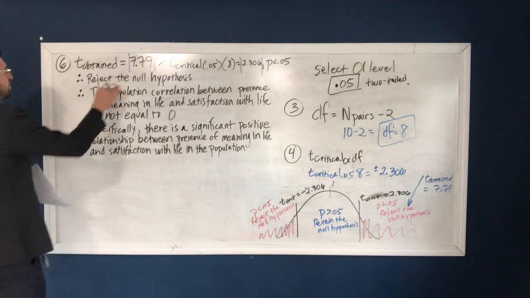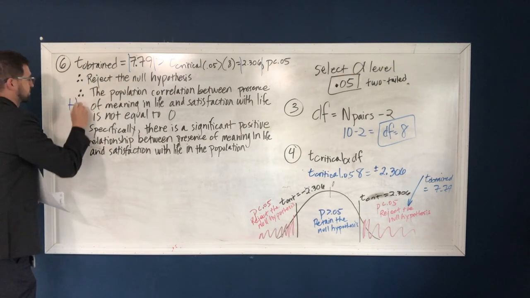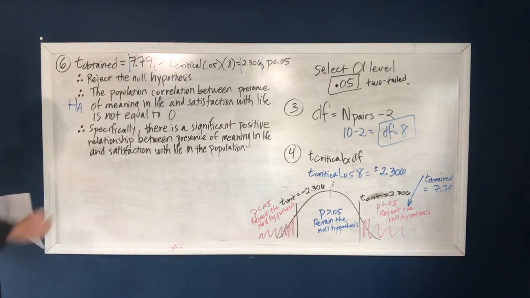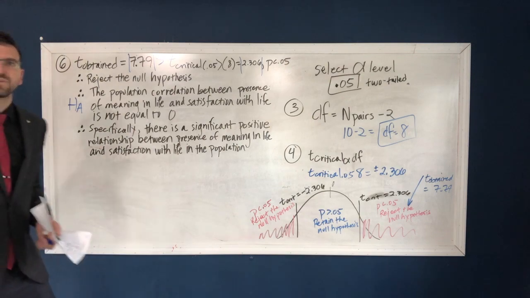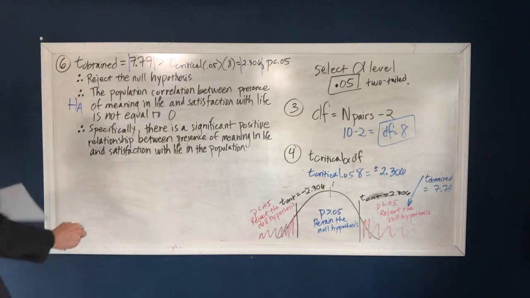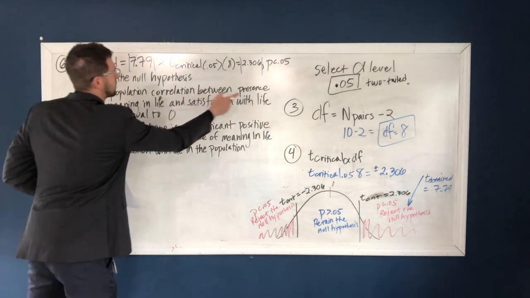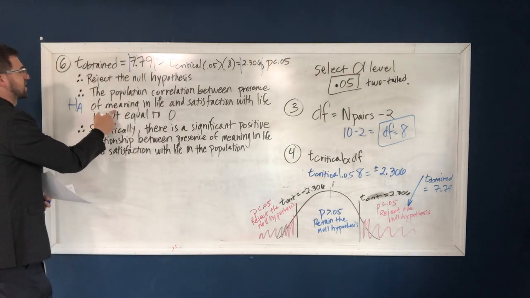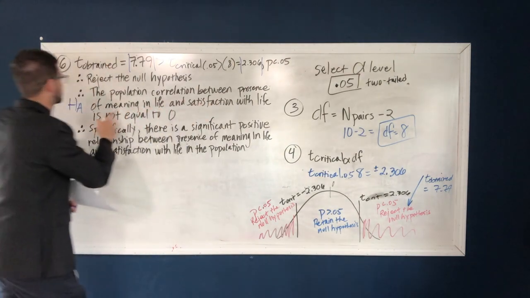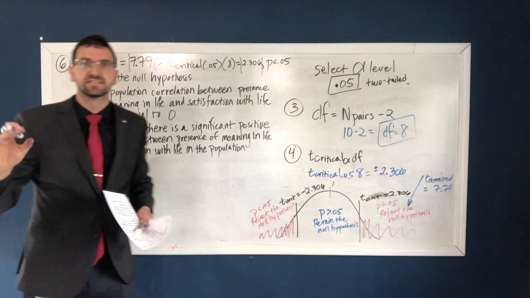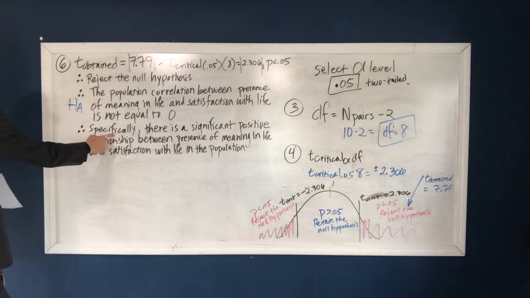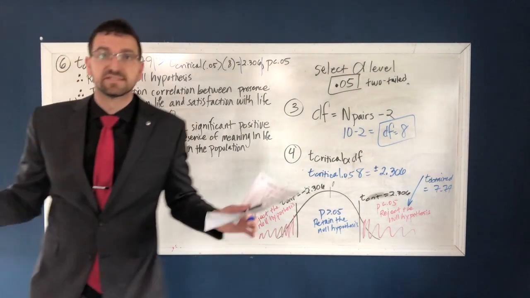So we reject the null hypothesis, so we're going to interpret the alternative hypothesis. And all I'm doing here is restating the alternative hypothesis. The population correlation between presence of meaning in life and satisfaction with life is not equal to 0. Okay, so it's not equal to 0.